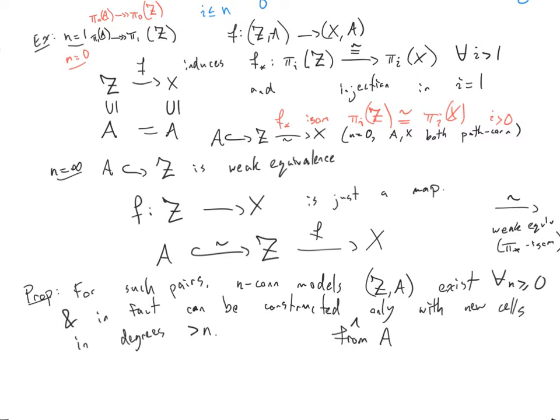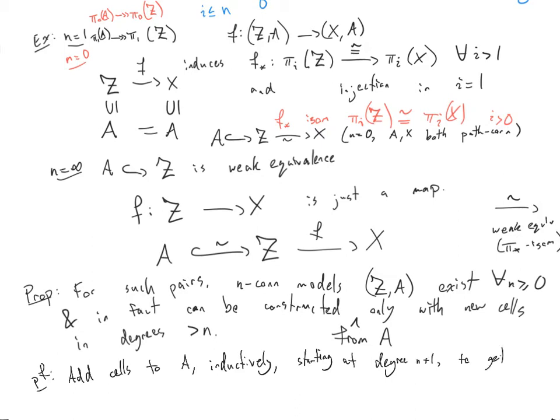So the proof is going to be just that one sentence. Add cells to A inductively starting at degree n plus 1 to get a map Z to X with the desired properties.